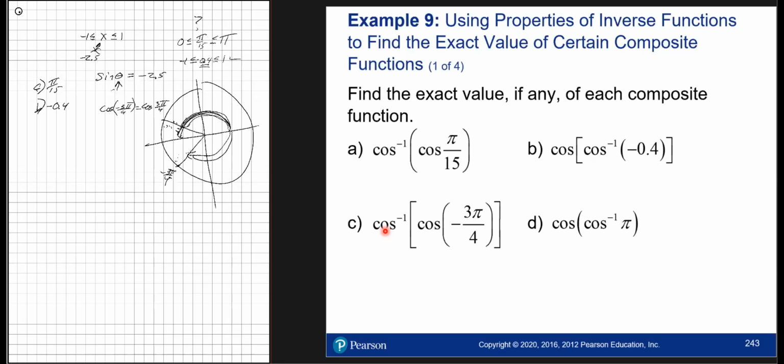So our domain is between -3 and 1, including -3 and 1. Yeah, they went ahead and did the same thing, multiplied by the 2 and then subtracted the 1.